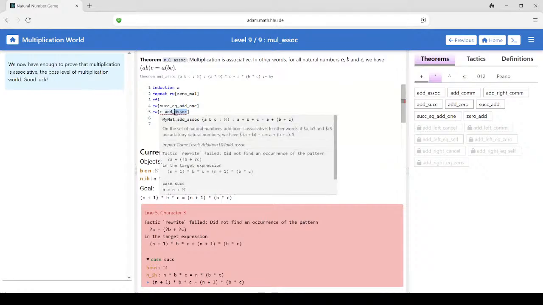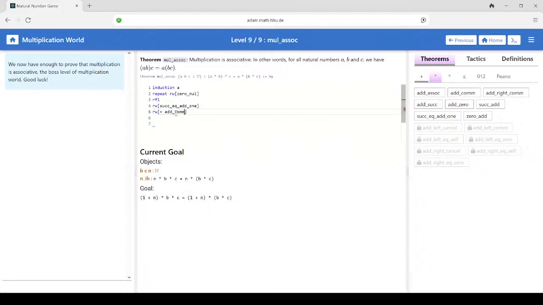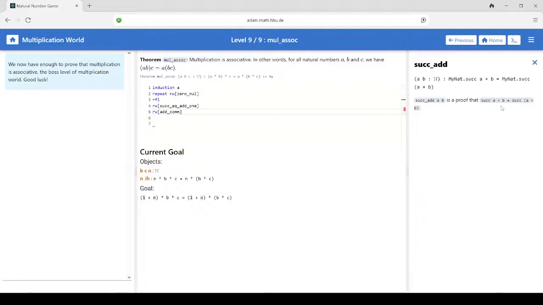No, that didn't work. I don't think that helps me. That's something I could do at least.